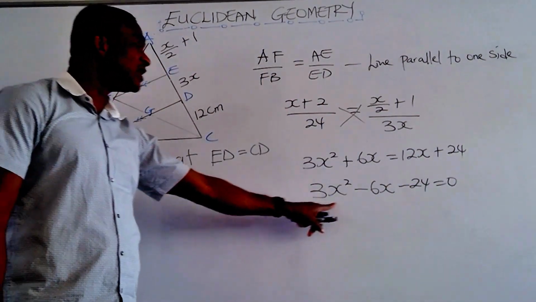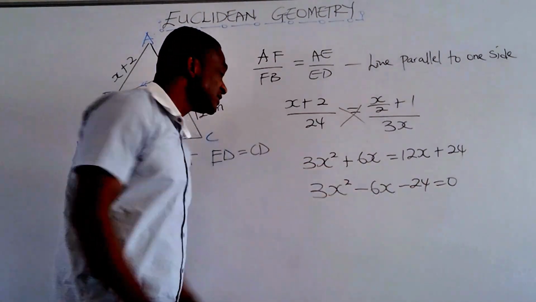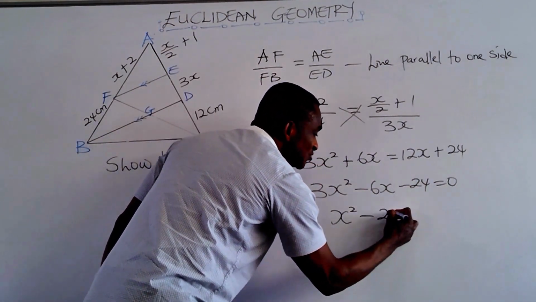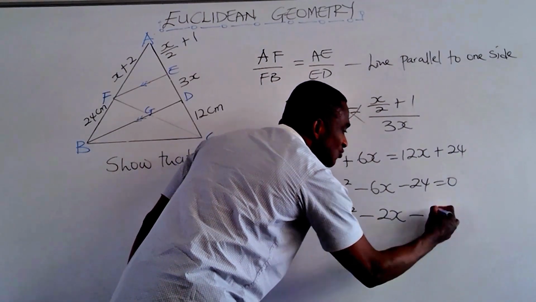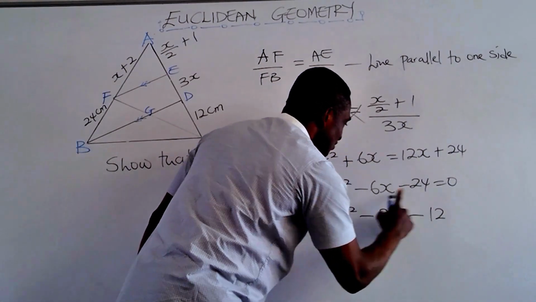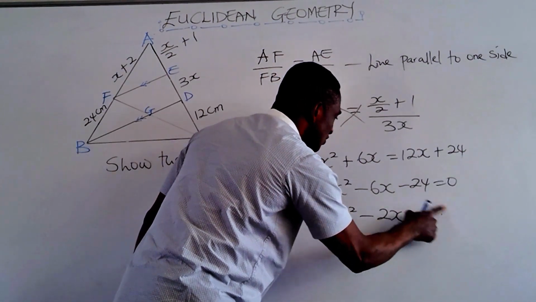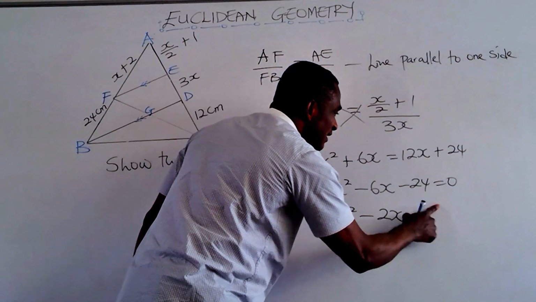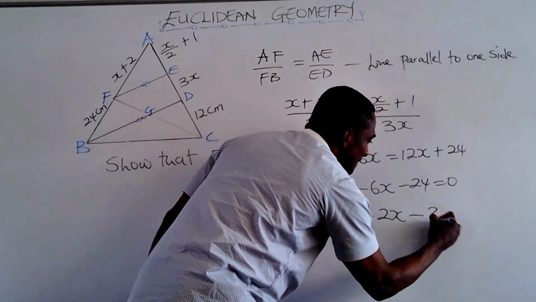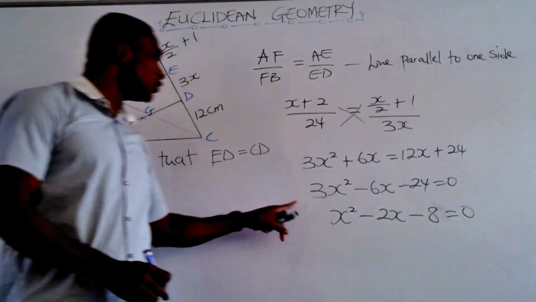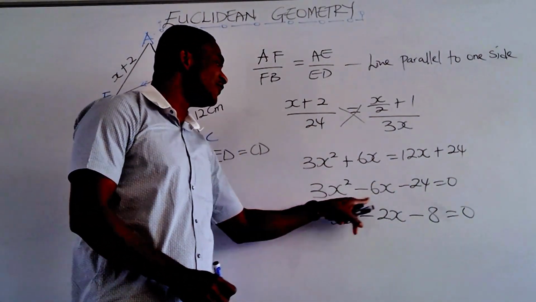We can reduce this further because 3 is a factor of all the numbers, so we divide all through by 3.